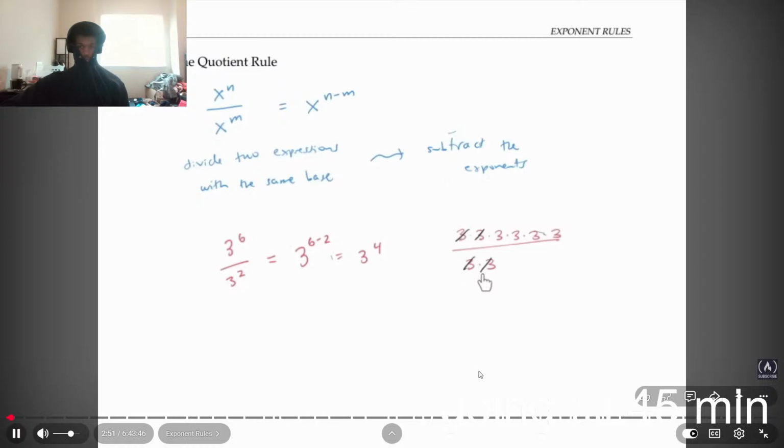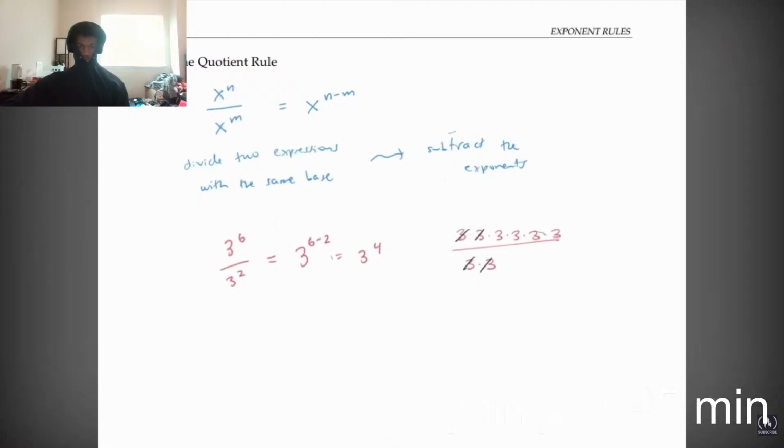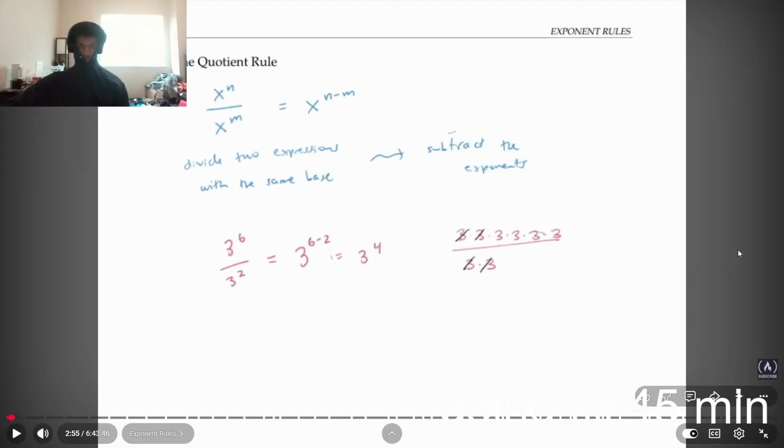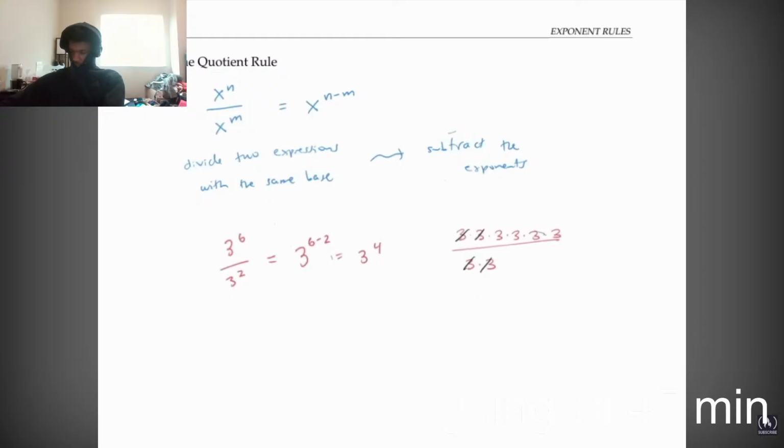Notice that I have to subtract the number of 3's on the bottom from the number of 3's at the top to get my number of 3's remaining. That's why I subtract my exponents.